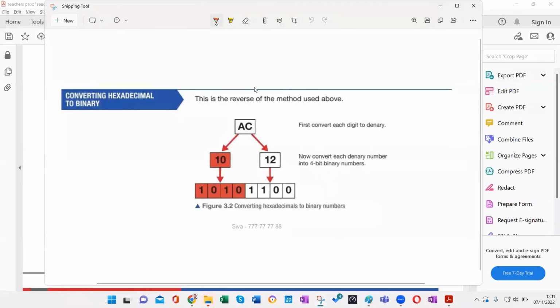So if the hexadecimal number is given like this, A6, each hexadecimal digit, again, you have to keep in mind that we need 4 bits, or a nibble, to represent 1 hexadecimal value.